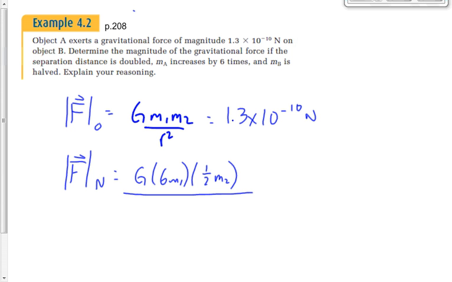We're just representing the mass by a different variable now. It's not m, it's 6m, or 1/2 m. Now r is doubled, it says. The distance is doubled, so we're going to make this 2r. Make sure you square everything inside those brackets, because we're not squaring r, we're squaring the distance. And the distance is not r, the distance is 2r. Got to square everything there.